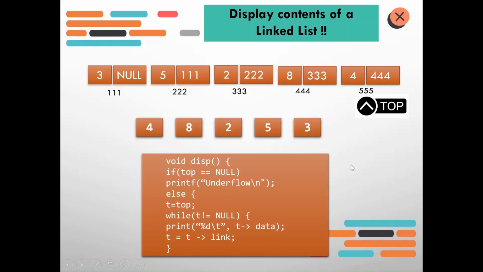Why in the reverse order? Because we are implementing a stack. The last in first out principle would be exhibited here. That means this 4 was the last element pushed to this stack, and it would be the first element to be popped or traversed or displayed, right?